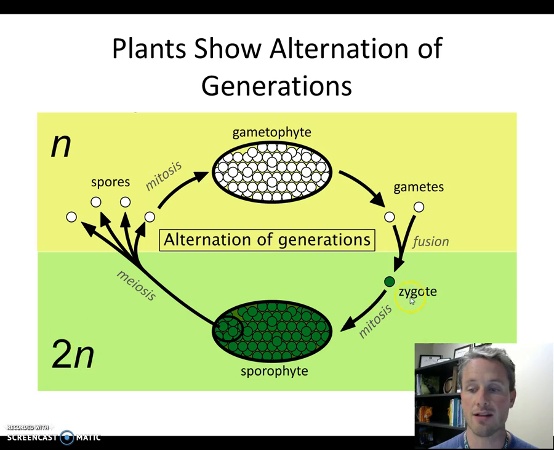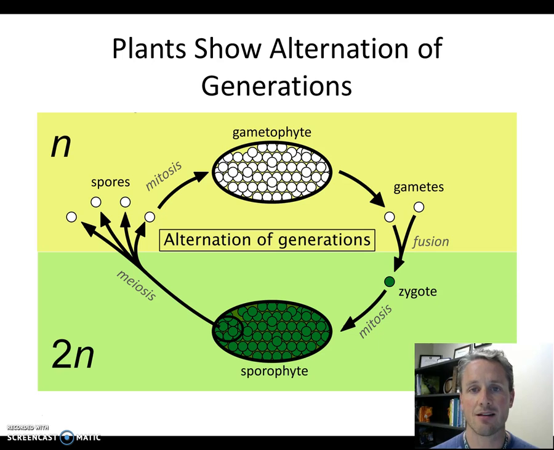We've got a diploid cell, a 2N zygote. That zygote will reproduce through mitosis to form a new sporophyte. And so the plant life cycle alternates between sporophyte generations and gametophyte generations over and over and over again. And this is true for every kind of plant that we're going to think about in our course.